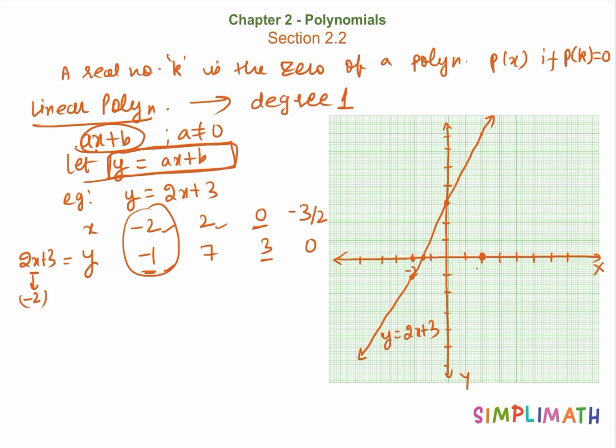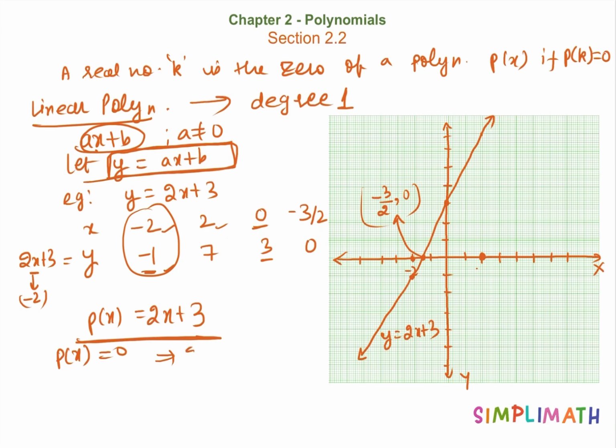This graph intersects the x-axis. Where does it intersect? What is this point? This point is minus 3 by 2 comma 0. Now, what is the zero of this polynomial? It is p of x equal to 0. This implies 2x plus 3 equals 0, which implies x equals minus 3 by 2.